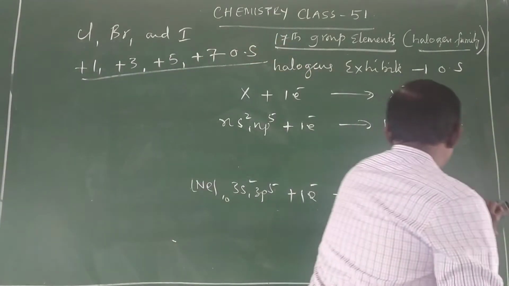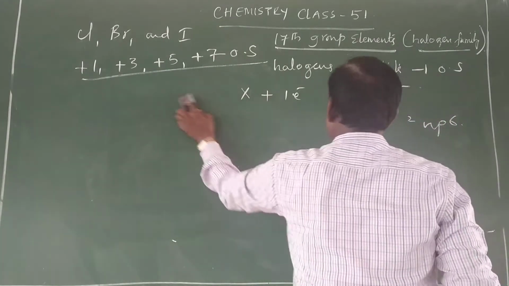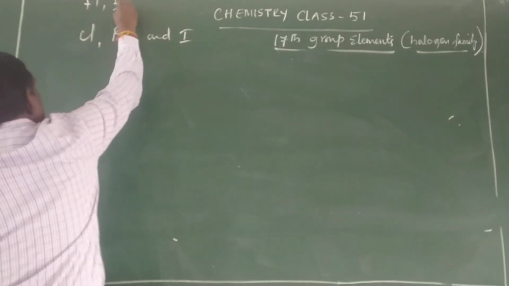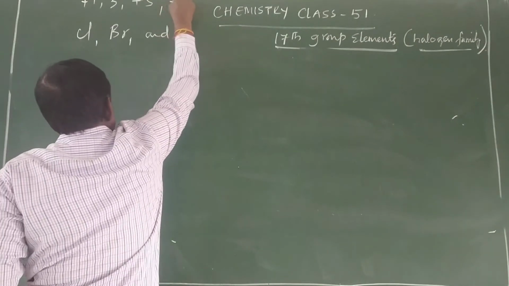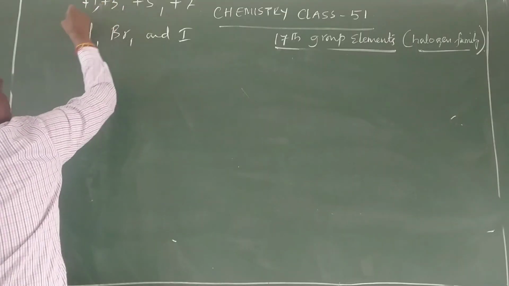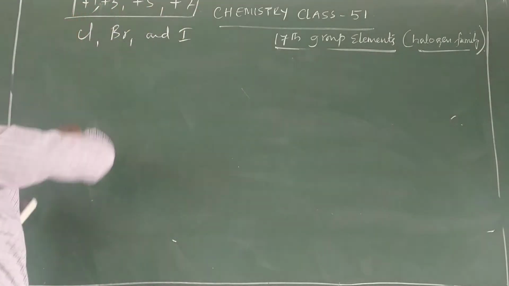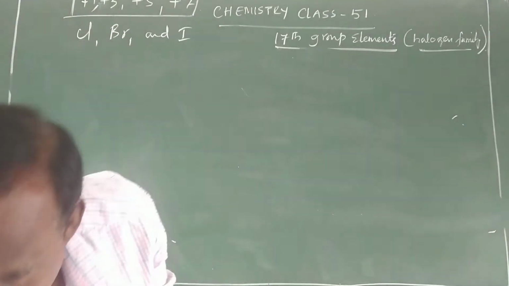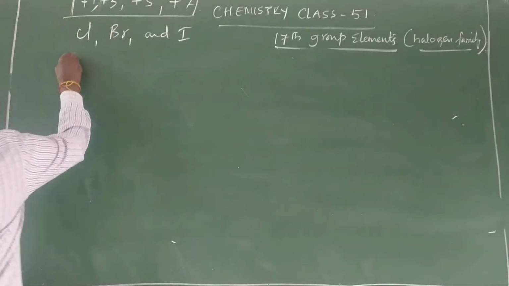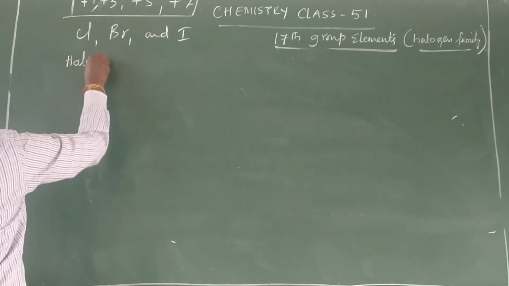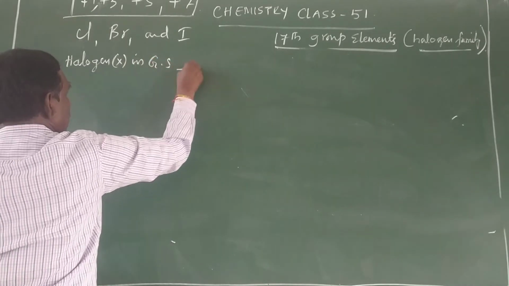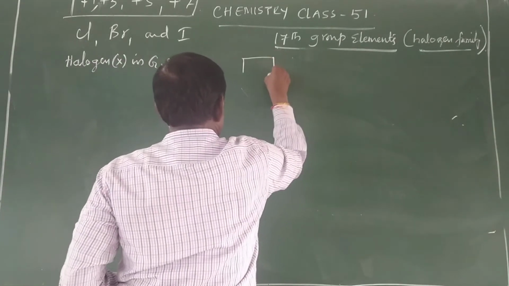Let me take the halogen in the ground state. These are the 4 states we are going to consider for Cl, Br and I. Any halogen X in the ground state is written as ns2 np5.